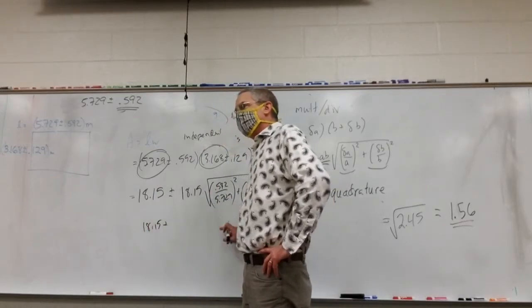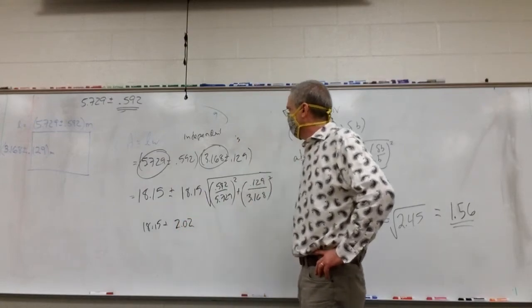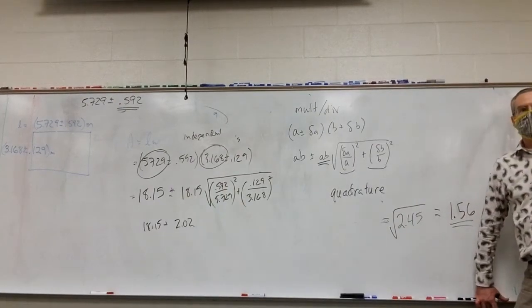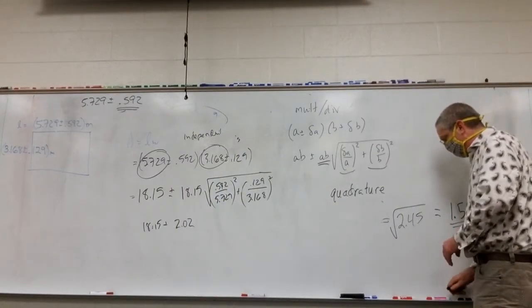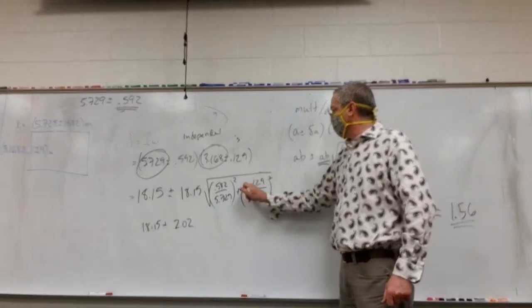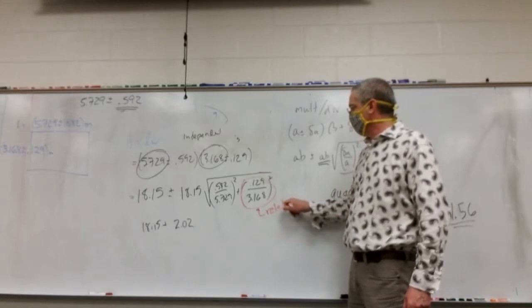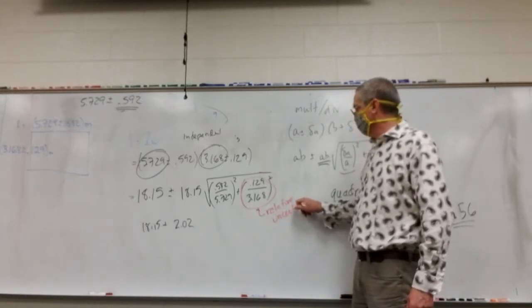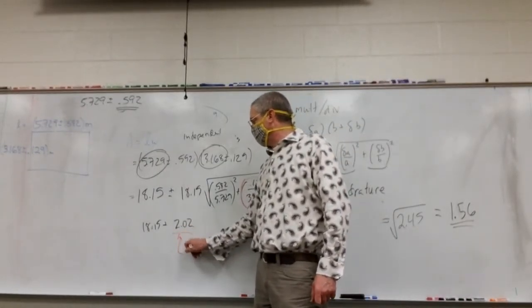What did you get over here for this? 2.02. 2.02. From a vocabulary point of view, this ratio right here is known as the relative uncertainty. And this number out here, this is the absolute uncertainty.